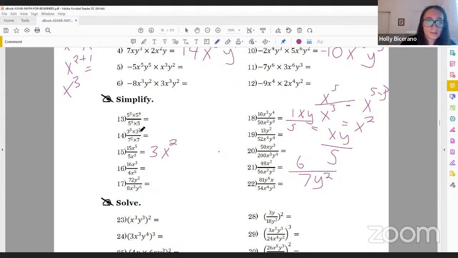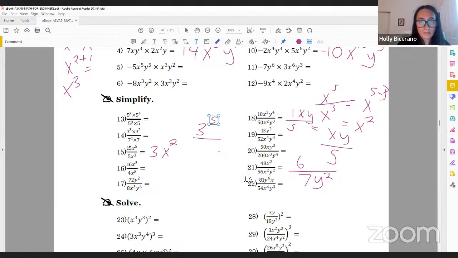So we have 3 cubed times 3 squared. Your base is what? It's 3. So we keep 3 as our base. And we have multiplication here, right? So remember, what do you do when you have the product rule? You add the exponents. So it's 3 plus 2, that's 5. So we have 3 to the power of 5.